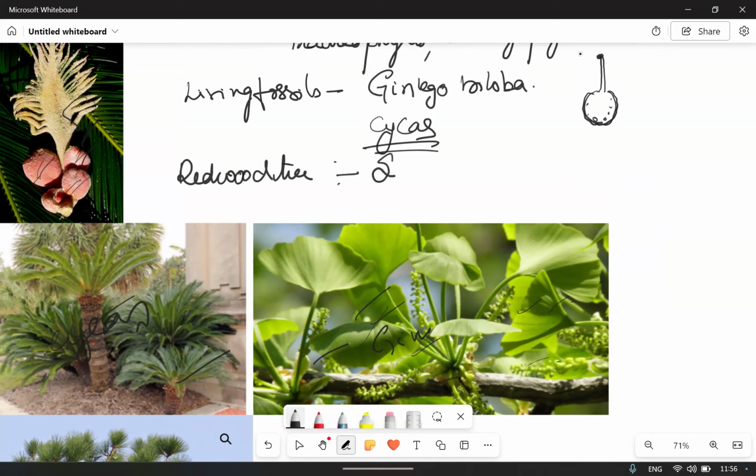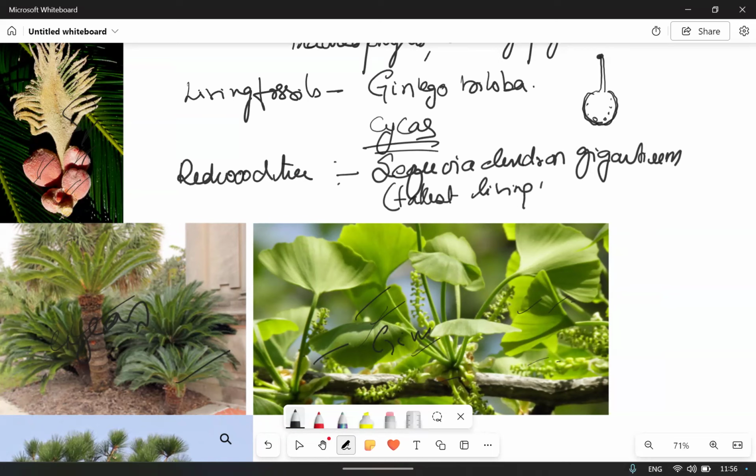The scientific botanical name is Sequoiadendron giganteum. Tallest living plant. More than 100 meters in height. More than 15 meters in girth.